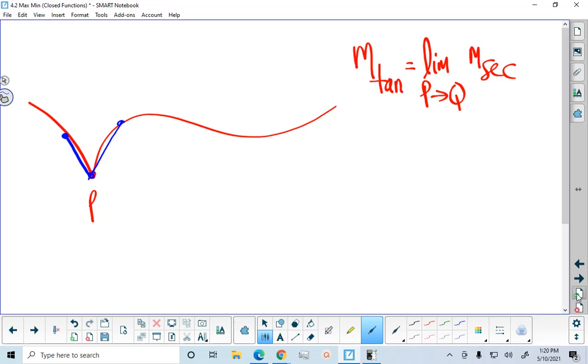So if this is what we're talking about, where this is point Q, which can be in any position on the whole function, this doesn't exist. This is not defined.